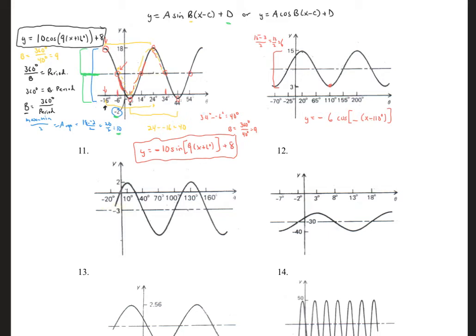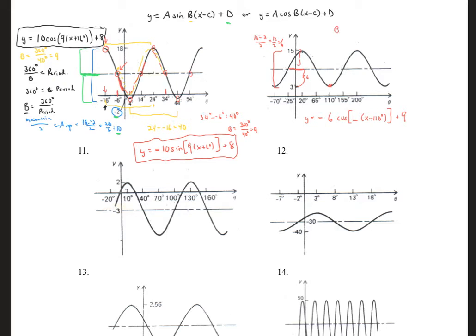We can see the midline: from the low point 3 plus our amplitude 6, or that's the same as 15 minus the 6. Both of those are going to take us to a 9. So that's going to make that midline 9. That's our vertical translation.